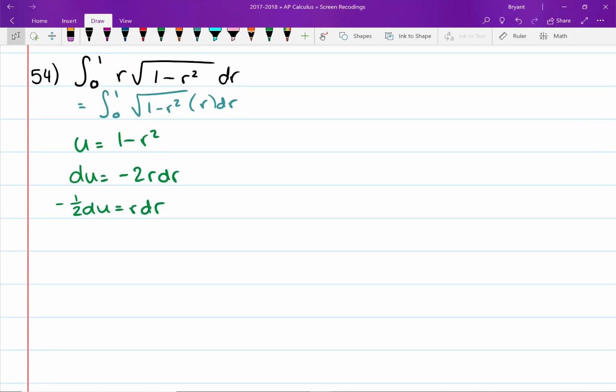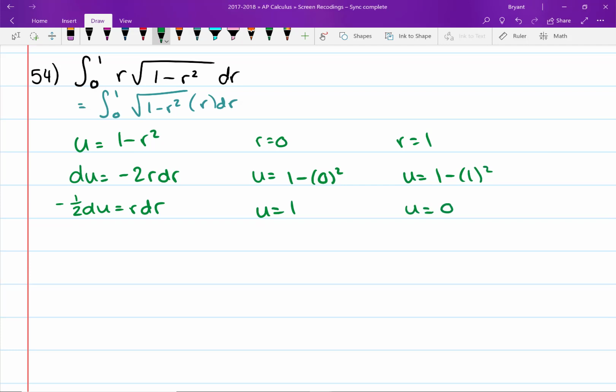And now I can use my u sub, but before I do that, I'm going to figure out what my new limits are. So if r equals 0, then u is equal to 1 minus 0 squared, so u is equal to 1. If r is equal to 1, then u is equal to 1 minus 1 squared, so u is equal to 0.